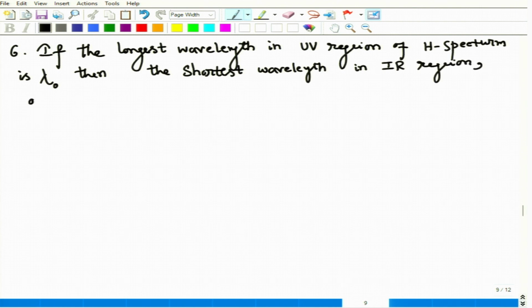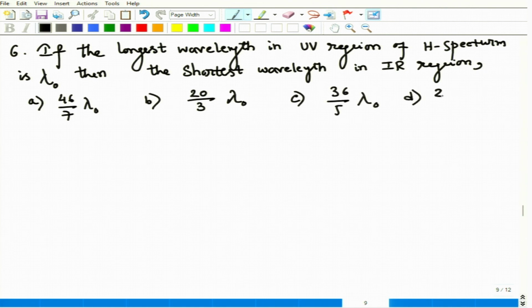Okay, options are 46/7 times lambda naught, 20/3 times of lambda naught, 36/5 times of lambda naught, 27/4 times of lambda naught.